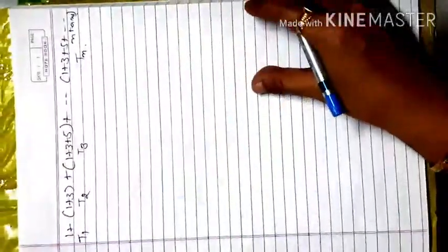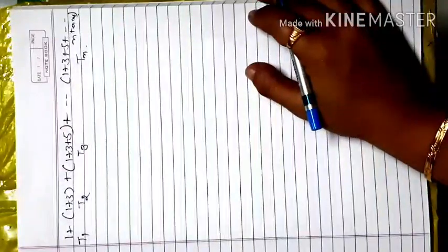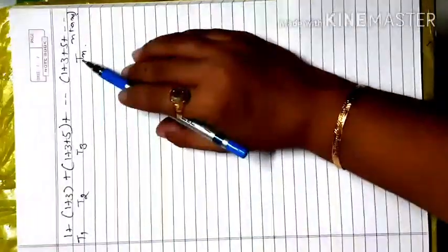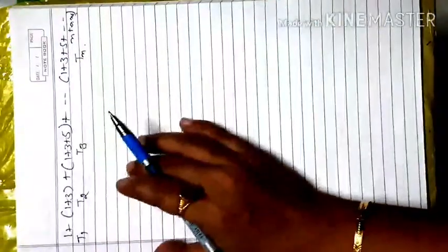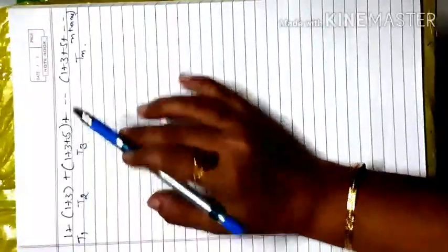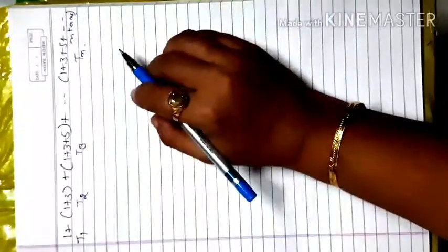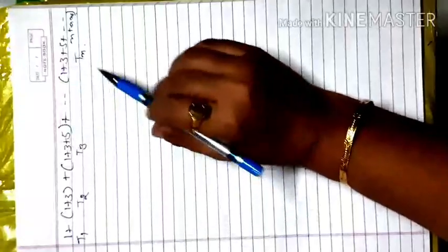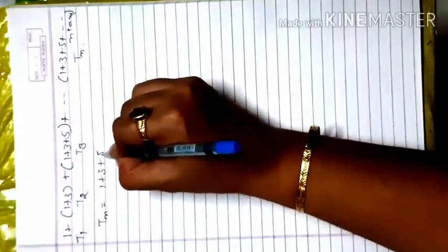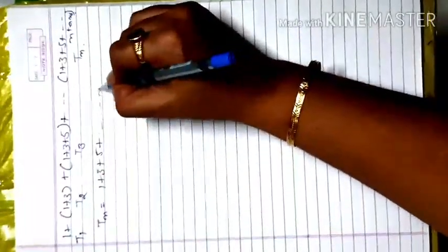In your previous question the series was going in a particular pattern from first to end. Here that pattern is not there. The series increases, the previous numbers are still there, like 1, 1 plus 3, 1 plus 3 plus 5, 1 plus 3 plus 5 up to n terms. In such cases you have to just pick this nth term, 1 plus 3 plus 5 plus up to n terms.